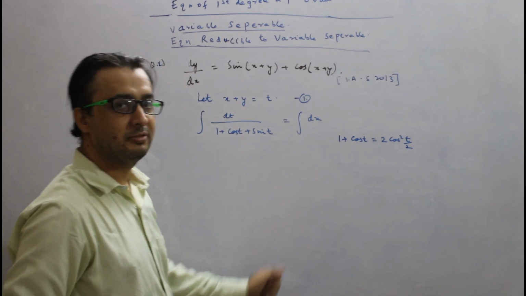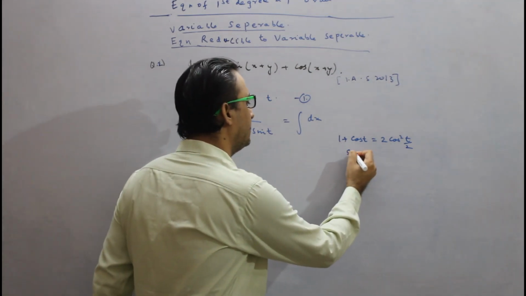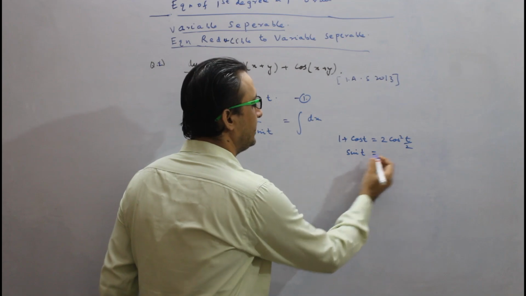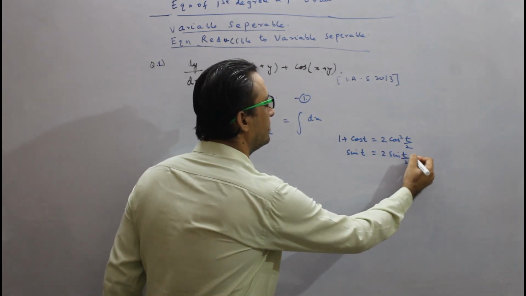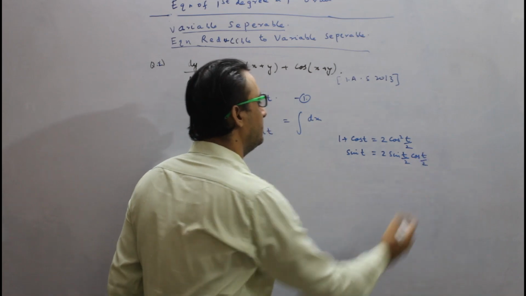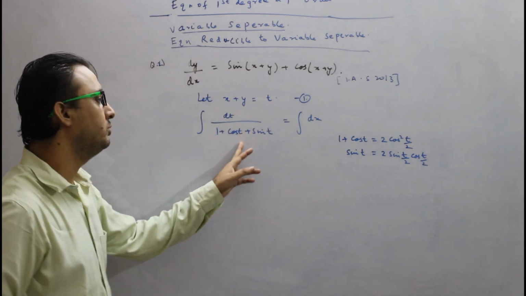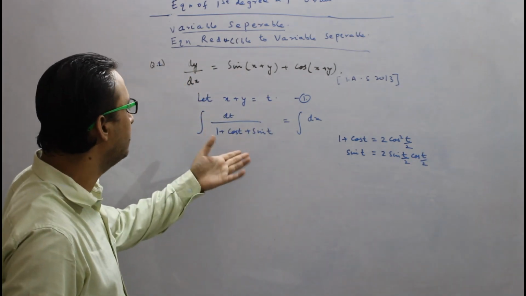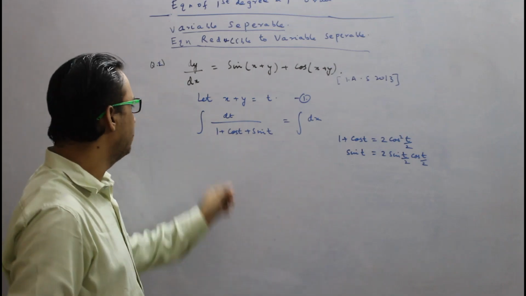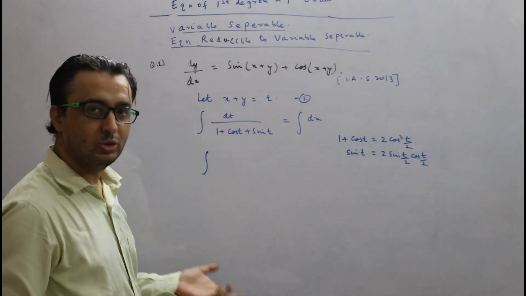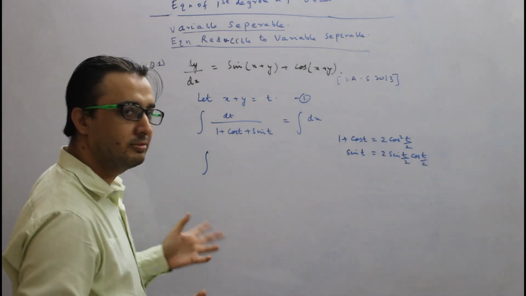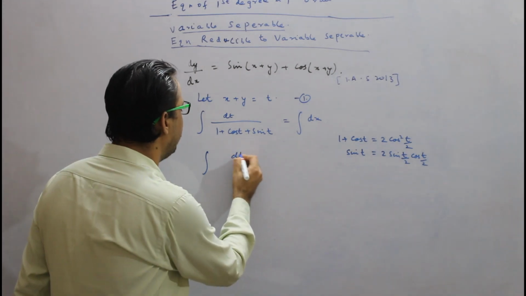On similar lines, if you recall the trigonometric formula, sin t can be written as 2 times sin t by 2 cos t by 2. We are going to use it, but it could also be done by other methods. That is the case with integration. You can put any substitution. The results will be of the same kind.